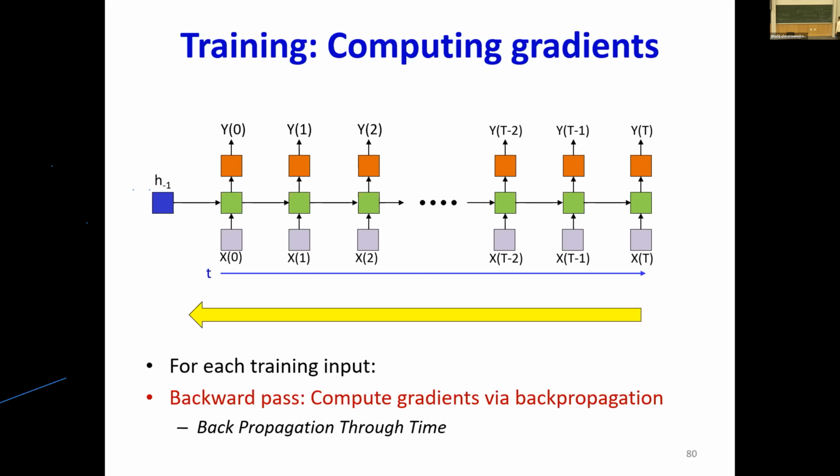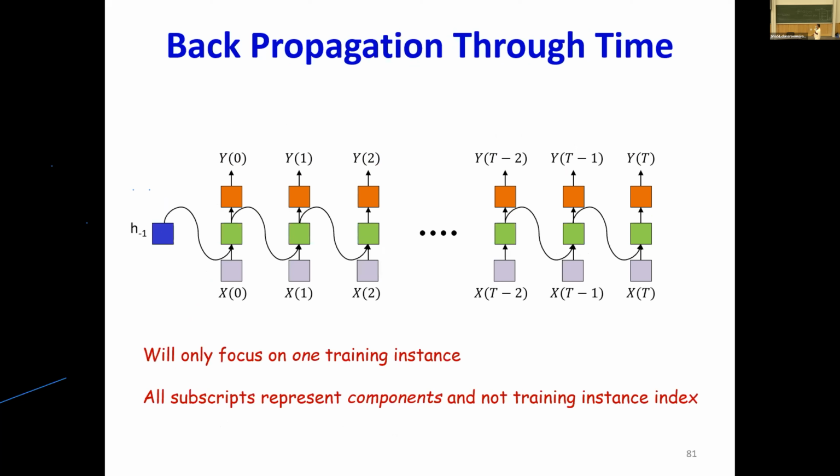Your derivative starts out here and flows backwards, and this is actually going backwards through time, because the forward progression of information is through time as well. Because the derivatives are going backwards through time, this algorithm is called BPTT, or backward propagation through time.